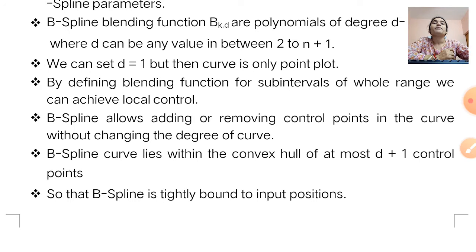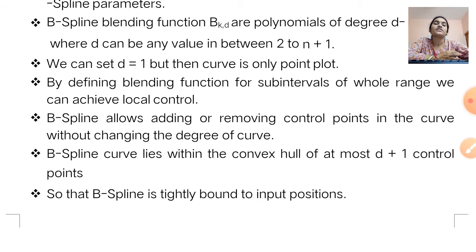B-spline allows adding or removing control points in the curve without changing the degree of the curve. B-spline also allows us to add a control point, and if we want to remove some control points, we can do so without changing the degree.